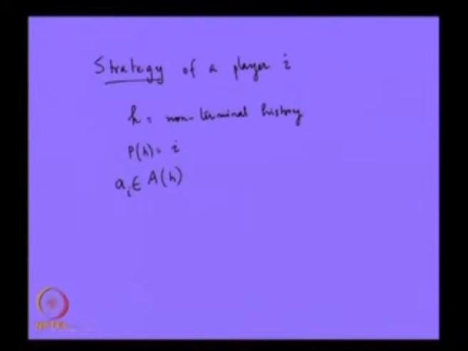So, a strategy of a player should tell me what is the action that player is going to take after every h, a non-terminal history, after which it is i's turn to make a move. Here I am taking one h, but there could be more than one h after which i is supposed to make a move. So, a particular strategy of i should specify all those actions that he will take whenever he is asked to make a move.